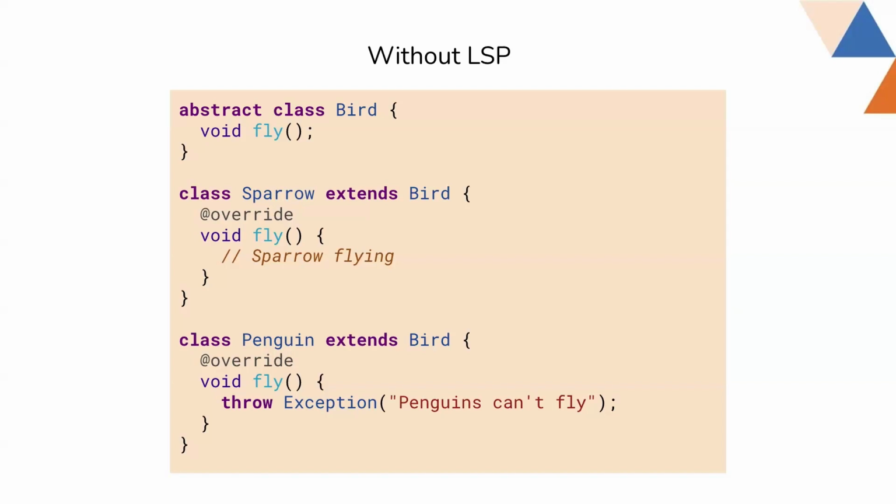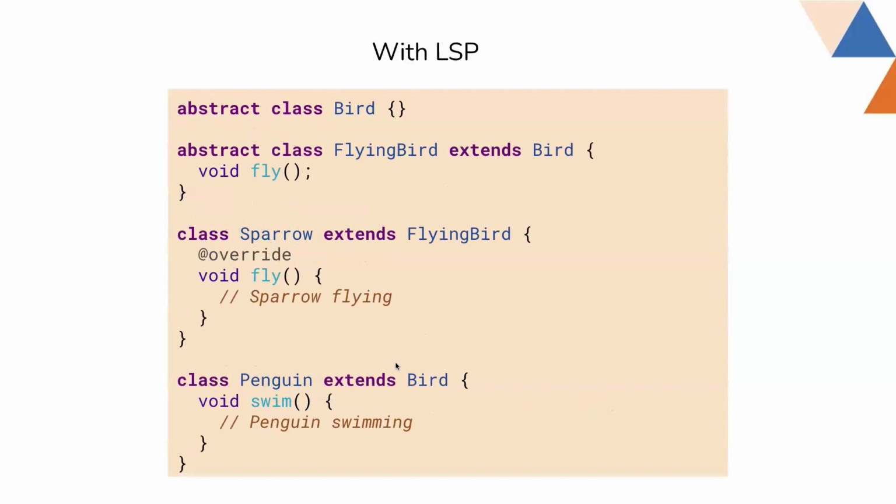So let's see how you can follow the Liskov substitution. In this example, we make the flying part a separate class in Bird, and Bird is used as an extension.